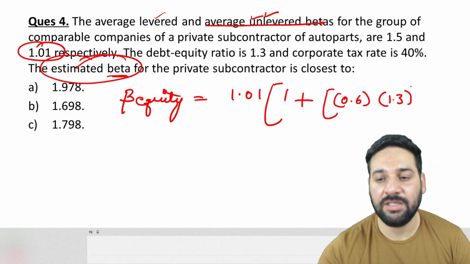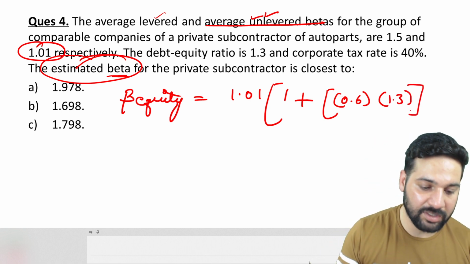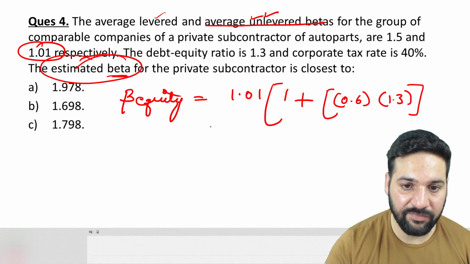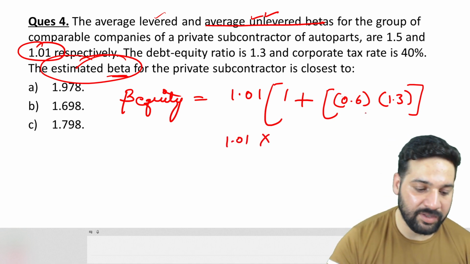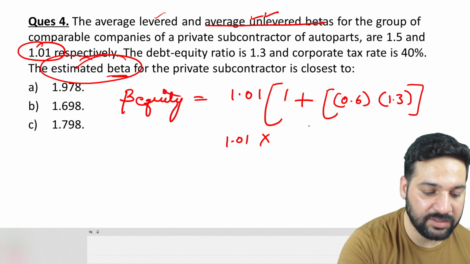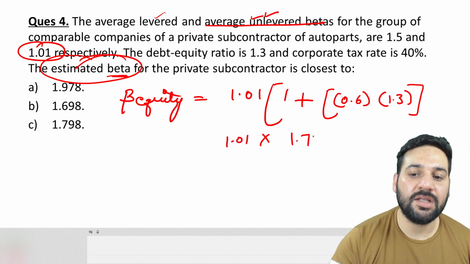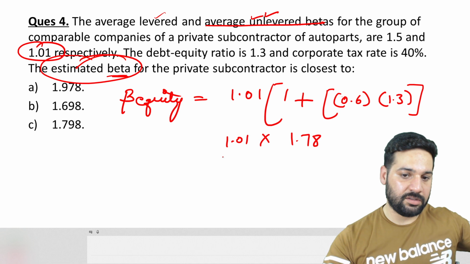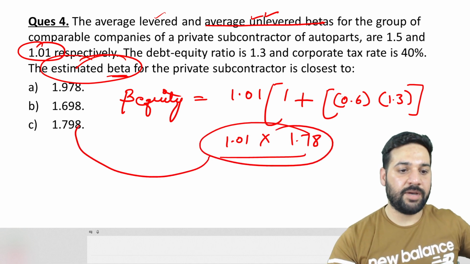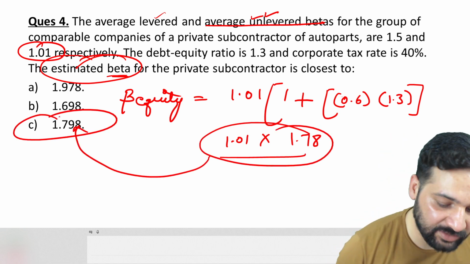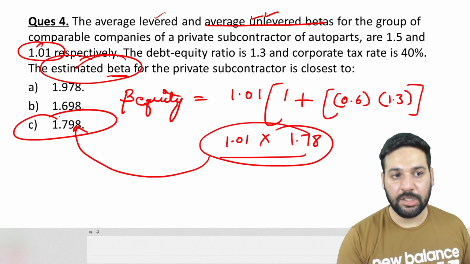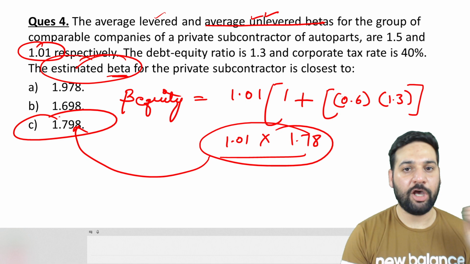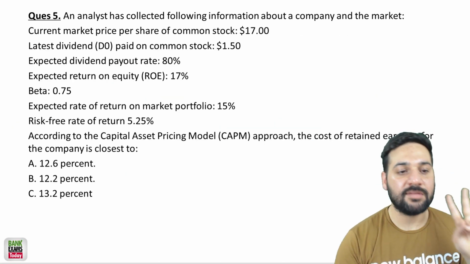So 13 multiplied by 6, 30 multiplied by 6, you can easily do that. Not a difficult task. 1.01 multiplied by 1 plus 0.78, that is 1.78. So you get a near about answer in your mind, 1.798. You can solve it even without using a calculator. All these questions are very important for RBI. These are 2-marker questions.